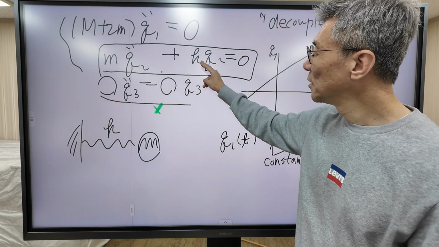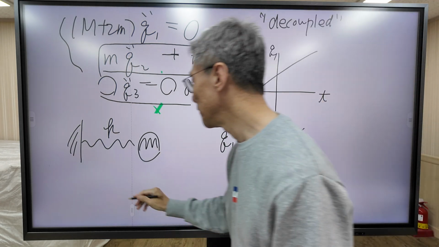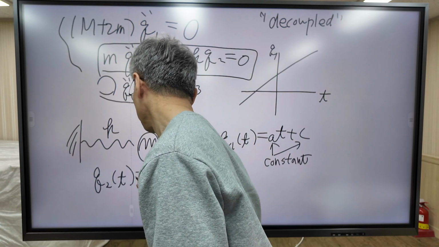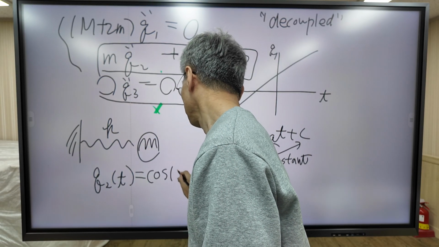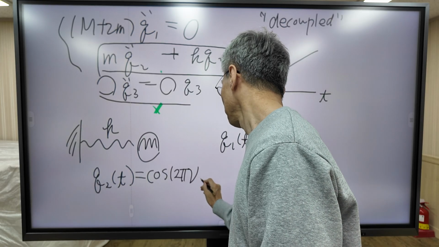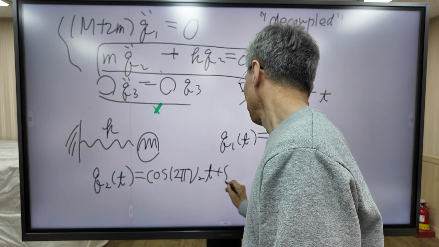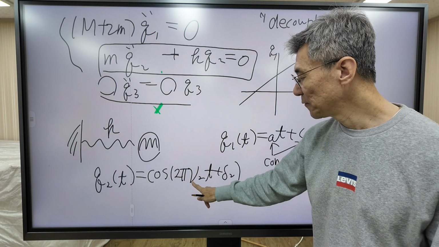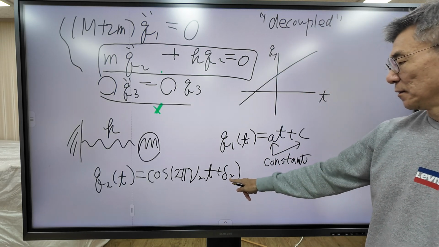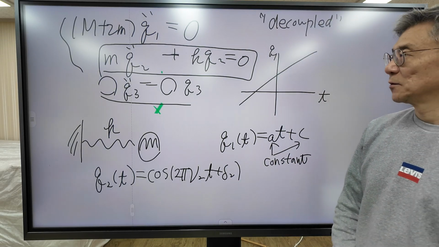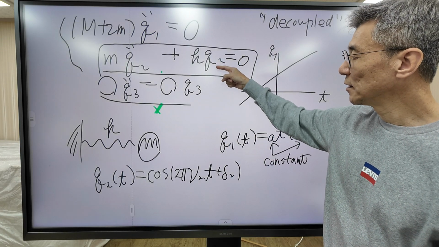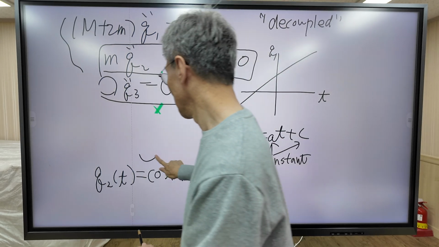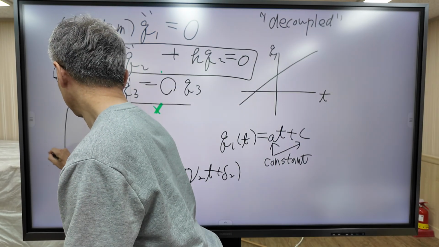So the solution for this harmonic oscillator, you are familiar with. It is oscillating. This is a characteristic frequency. This is a phase shift. So when you solve this equation, it is an oscillating function. When you plot this function, it looks like this.